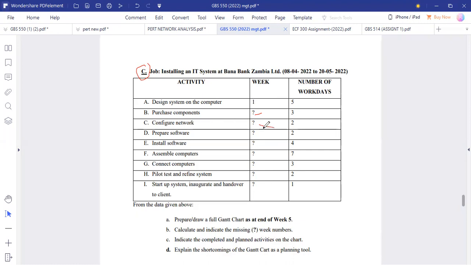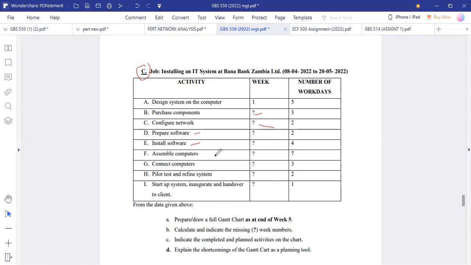We need to find which week we are going to configure the network. And then the other one, prepare the software. You don't know the number of work days given. You have to install the software, and we don't know in which week we are going to install it.